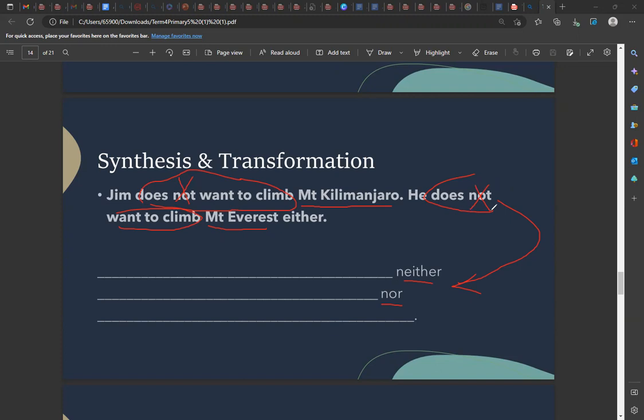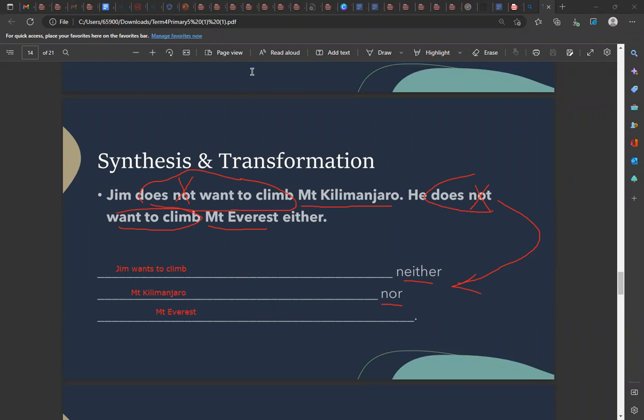So in this case, the transformed answer would be Jim wants to climb neither Mount Kilimanjaro nor Mount Everest. It doesn't matter which you put first. You could say Jim wants to climb neither Mount Everest nor Mount Kilimanjaro, and that would be fine as well.